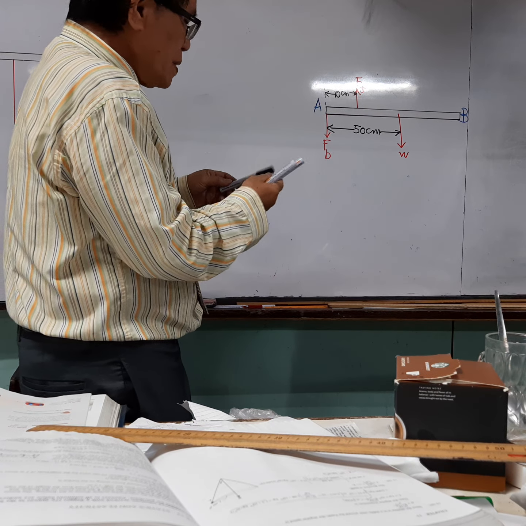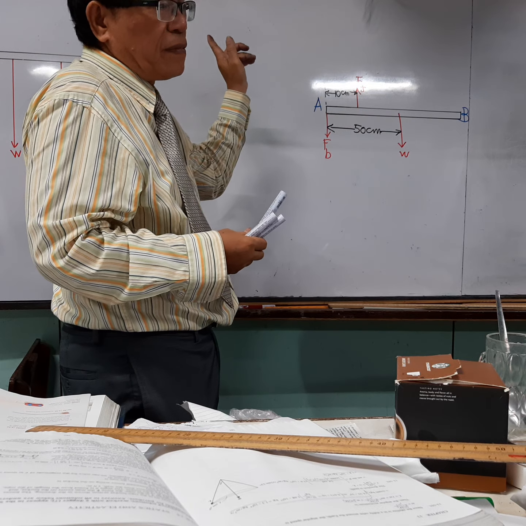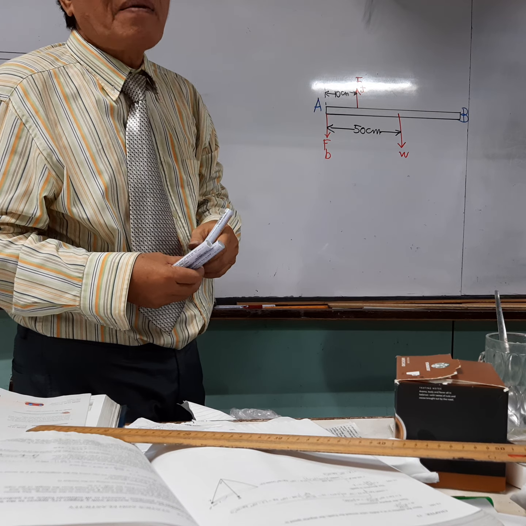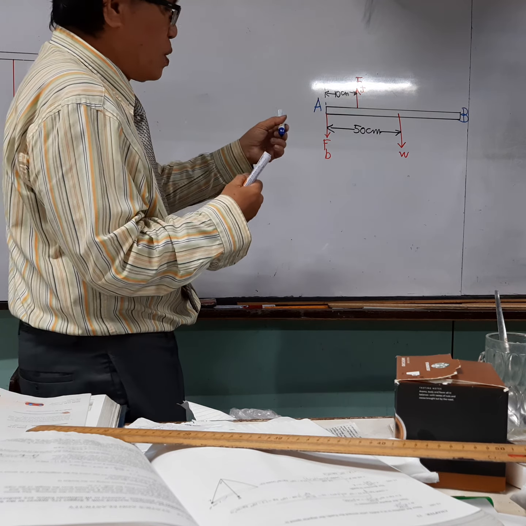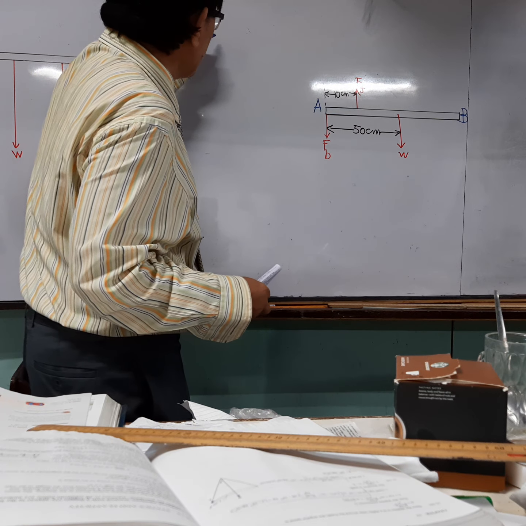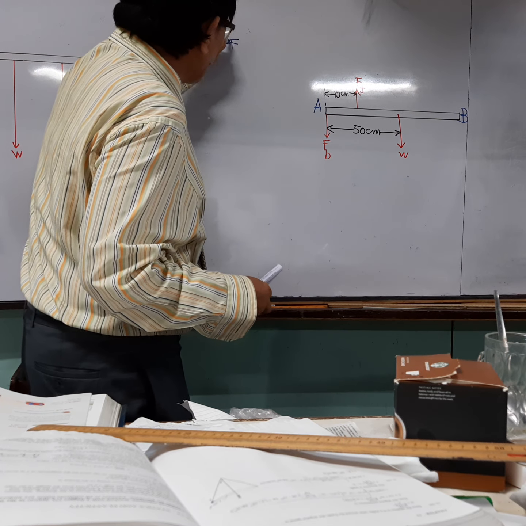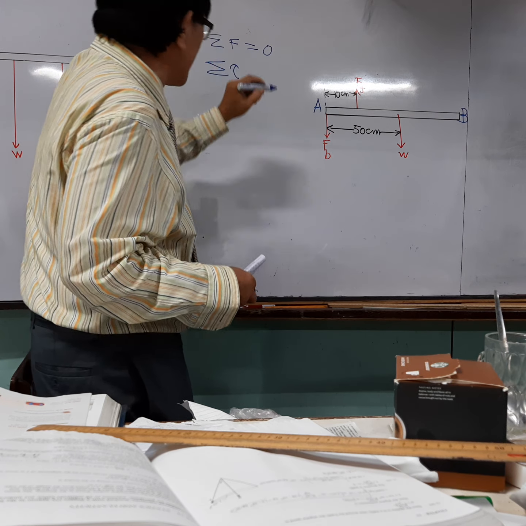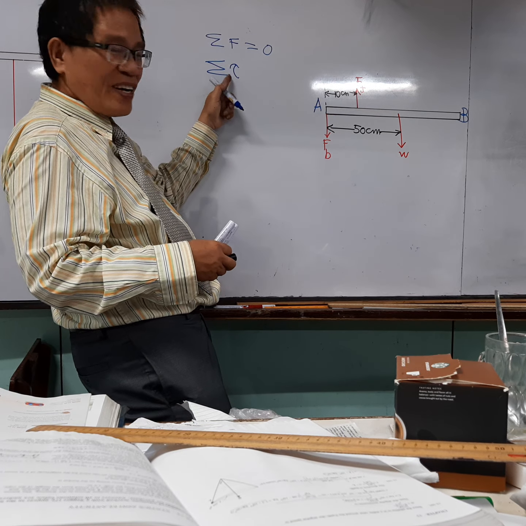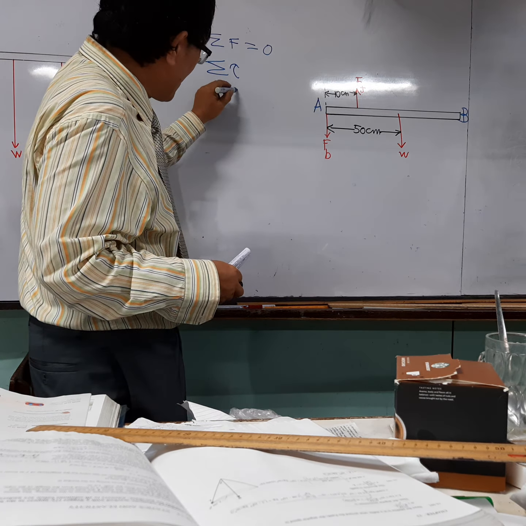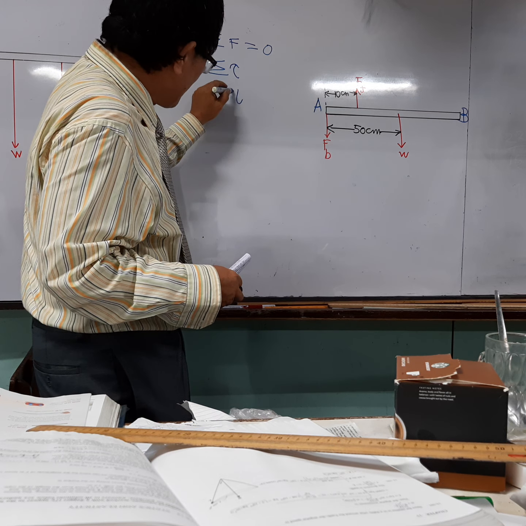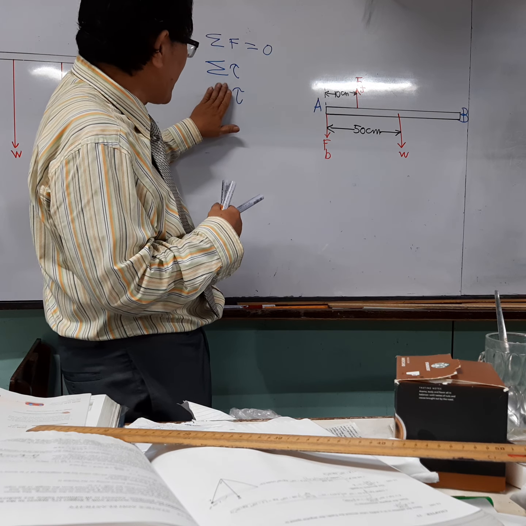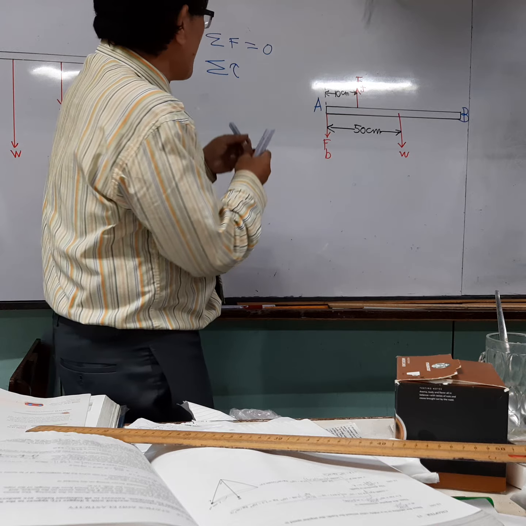Because there is now rotation, we are going to involve the second condition of equilibrium, that the summation of torques equals 0. The first condition of equilibrium is summation of forces equals 0. The second condition of equilibrium is summation of torques. The symbol of torque is a Greek letter, a little similar to letter T. Now, equals 0.